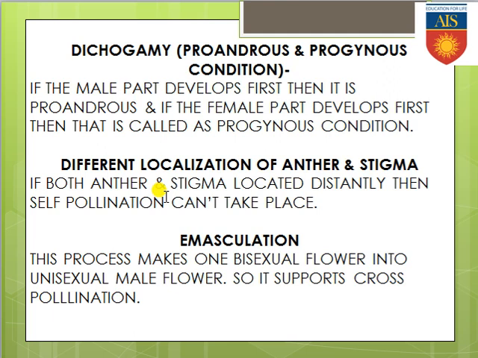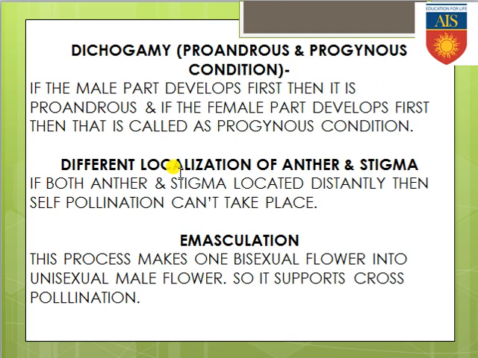First one, it is written, dichogamy, that is a protandrous and protogynous condition. What is that? If the male part develops first in any flower, then it is known as a protandrous flower, and if the female part develops first in any flower, then it is known as a protogynous condition.